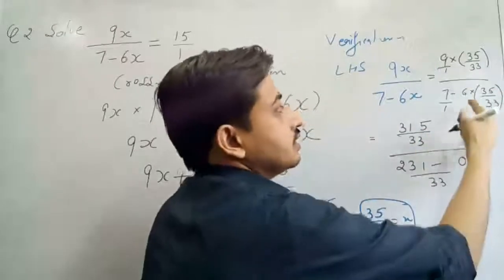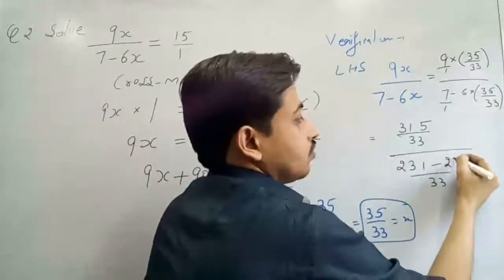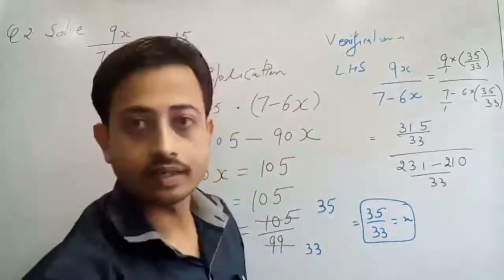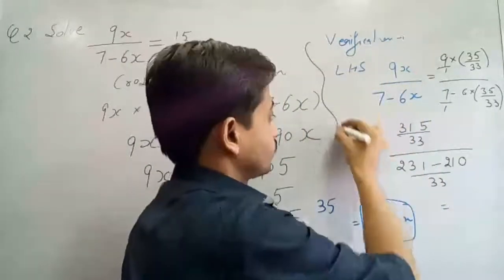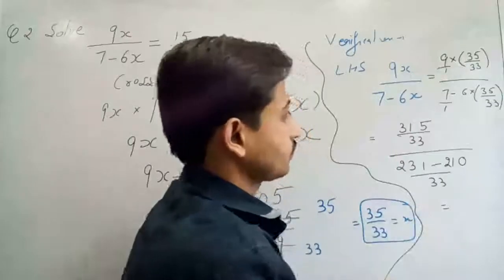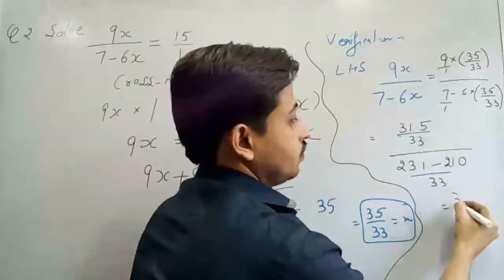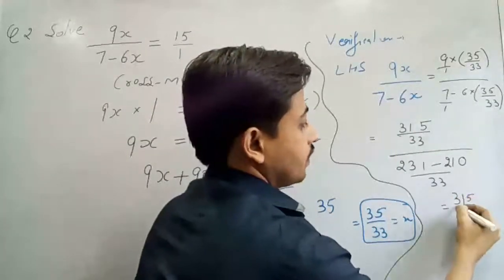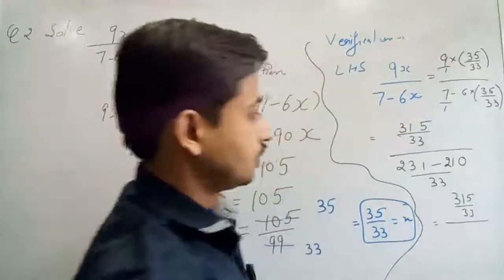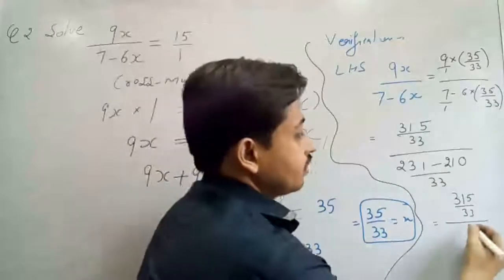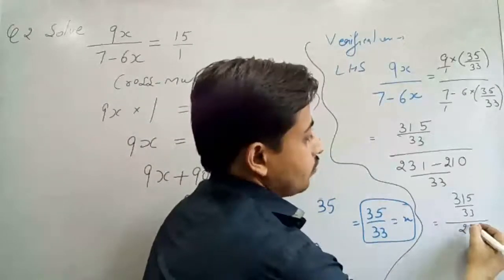Carry 3. 6 3s are 18 and 3, 21. So 210. Now please solve this further. 315 divided by 33 is equal to divided by 231 minus 210. What we will get? We get 21 divided by 33.